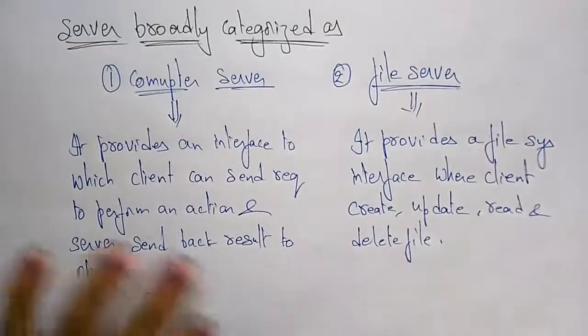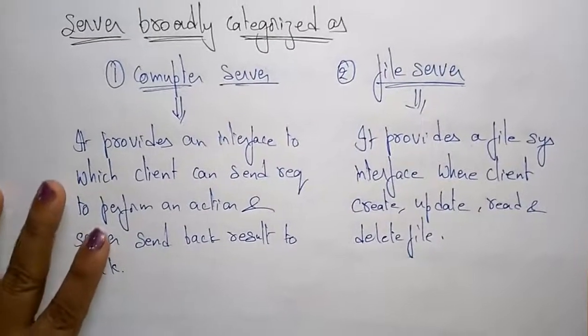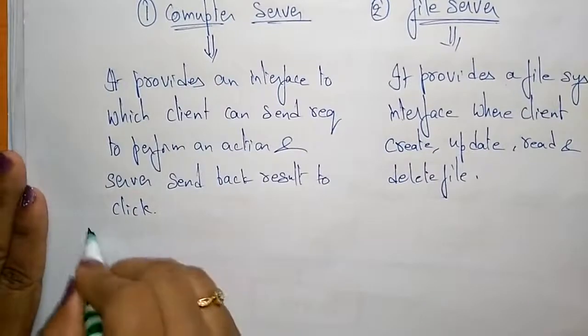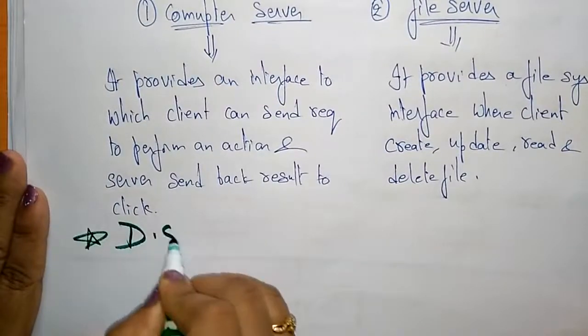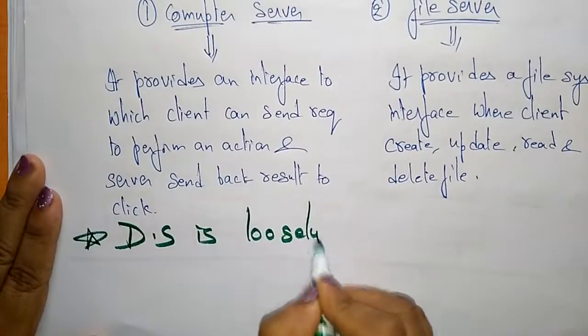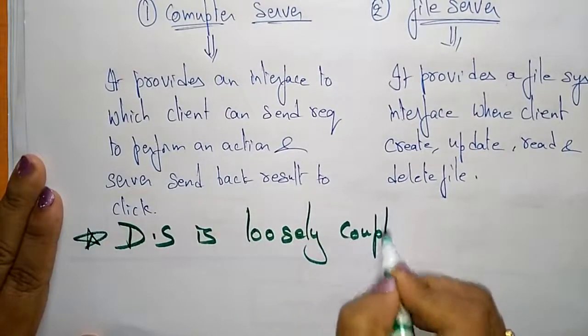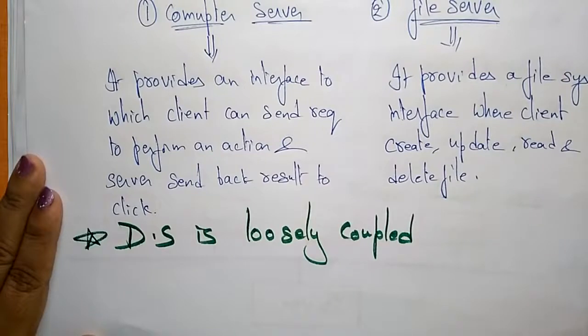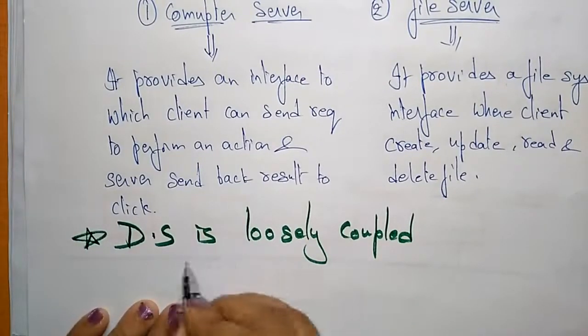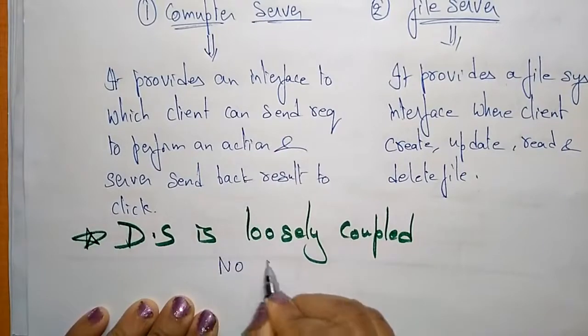Here the main point is that a distributed system is loosely coupled. Why do we call it loosely coupled?